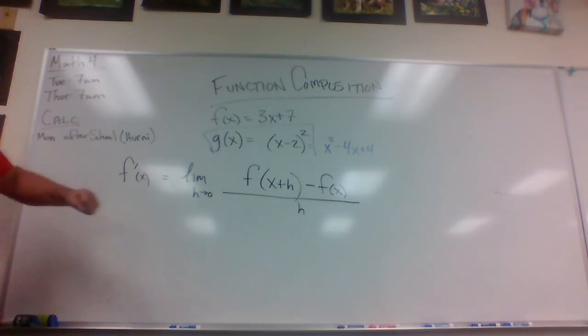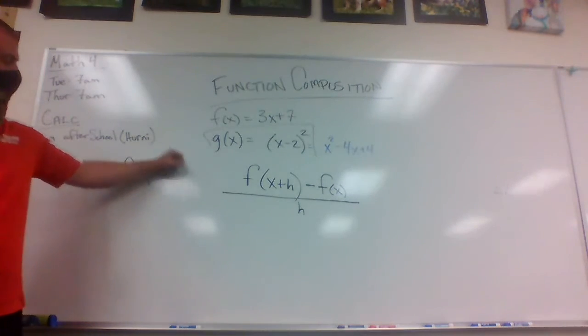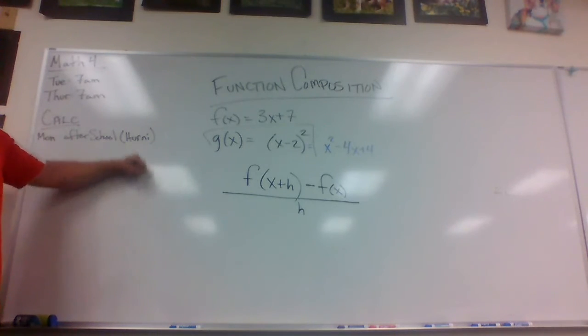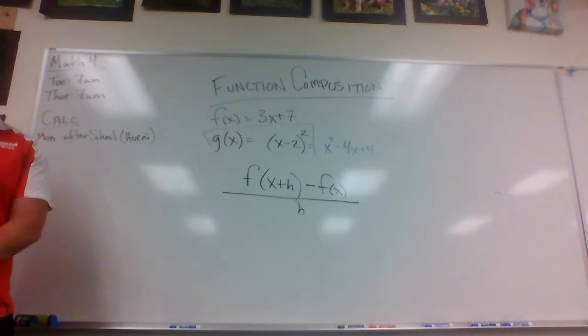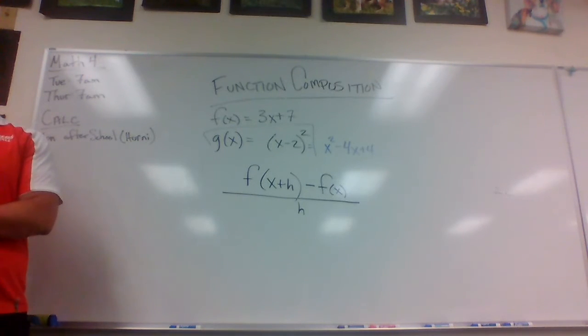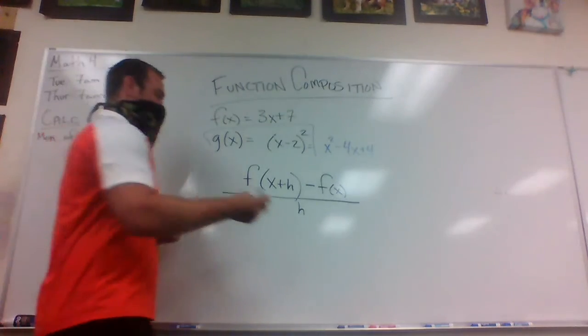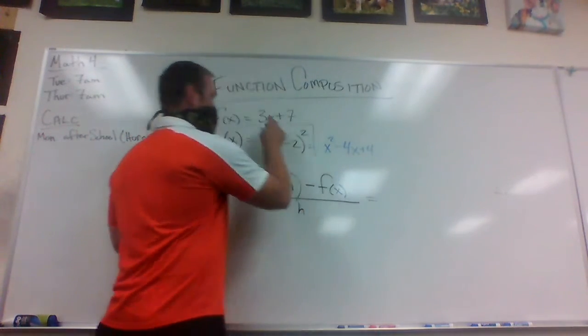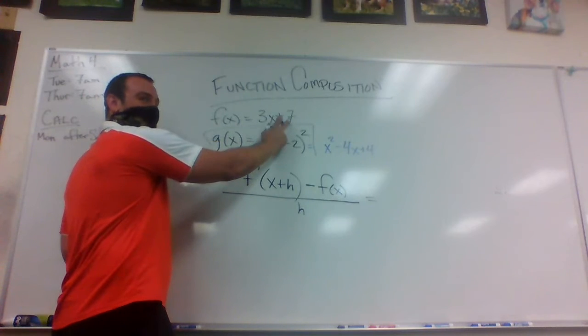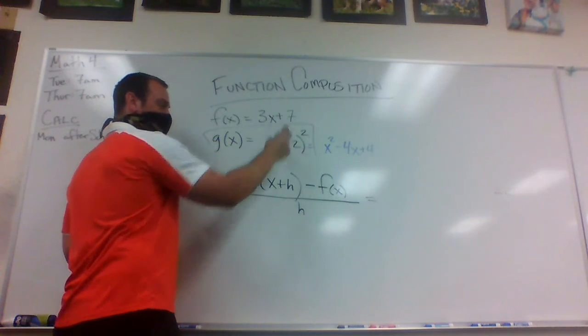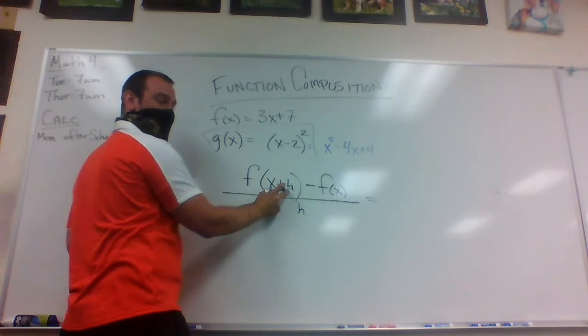So guys, how do we find f of x plus h? You plug x plus h into f of x. So f is 3 times something plus 7, correct? That something is really x plus h.